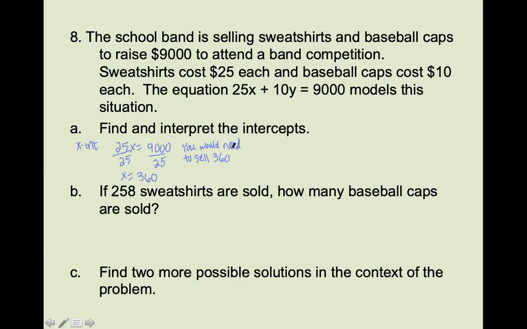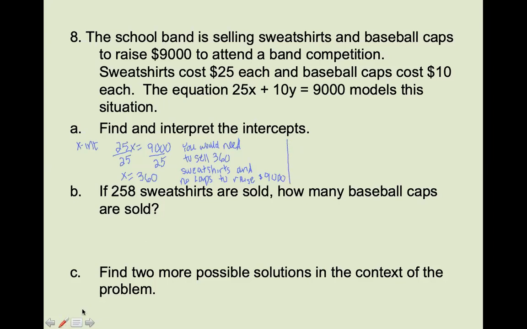So you would need to sell 360 sweatshirts and no caps. The other option was baseball caps, but we're selling 0 of those to raise the $9,000. So if you didn't sell any baseball caps, you'd have to sell 360 sweatshirts. So that's the x-intercept and interpretation.